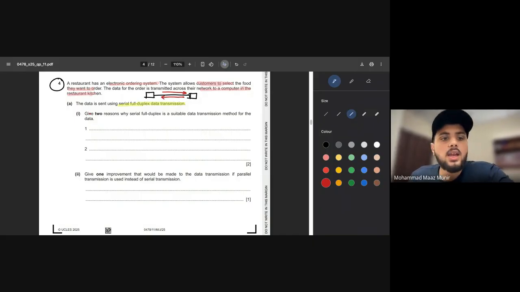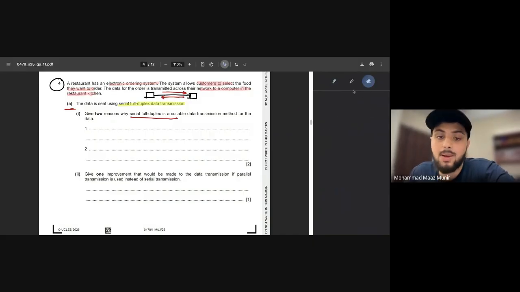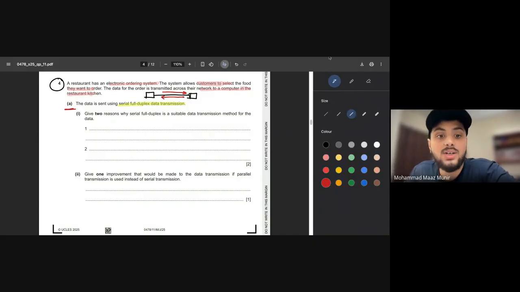Now, the first part says give 2 reasons why serial full duplex is a suitable data transmission method for the data. Again, these are things you should remember: what's the benefit. Whenever we use serial, there is one point: the bits don't arrive skewed, they arrive in order, and so there is less chance of error.